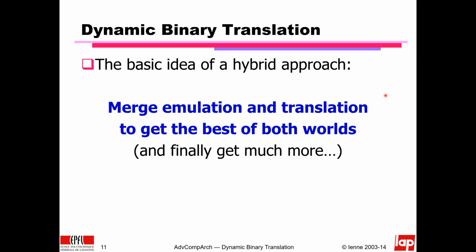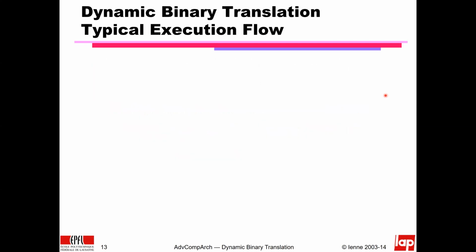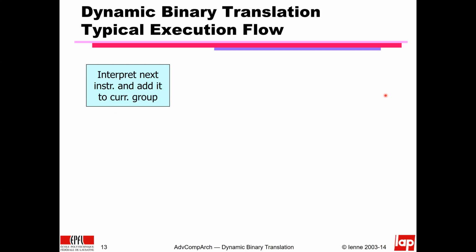So what is the idea? The idea is a bit, let's make both, all right? Let's combine both. And the idea is basically all contained in the flow chart that we are going to see in this slide. Essentially, we do emulation. We interpret the instructions. We fetch and execute the instructions as in an emulator, right?